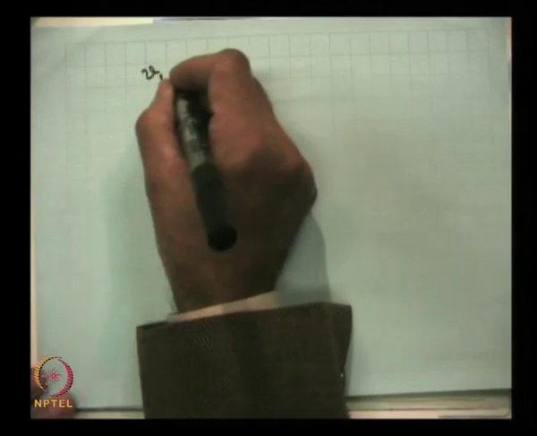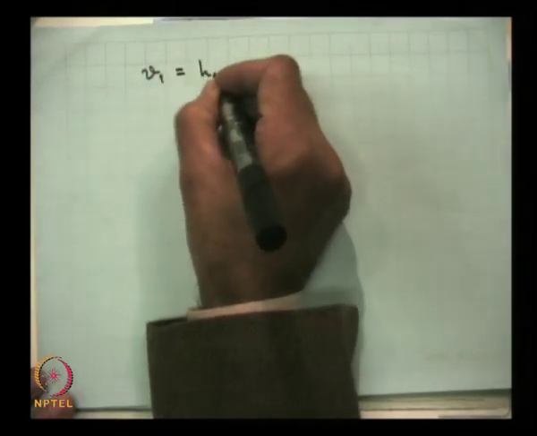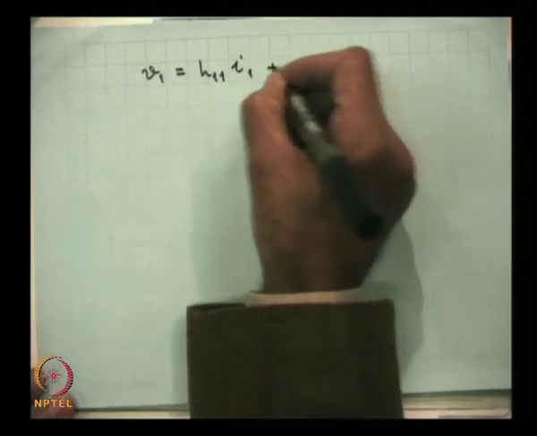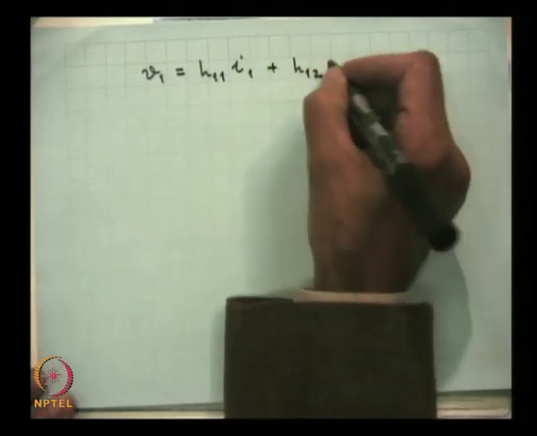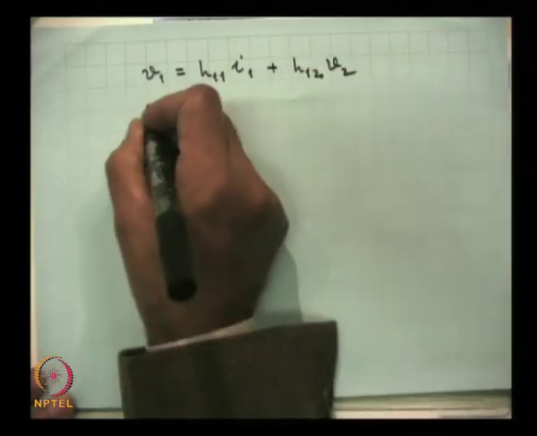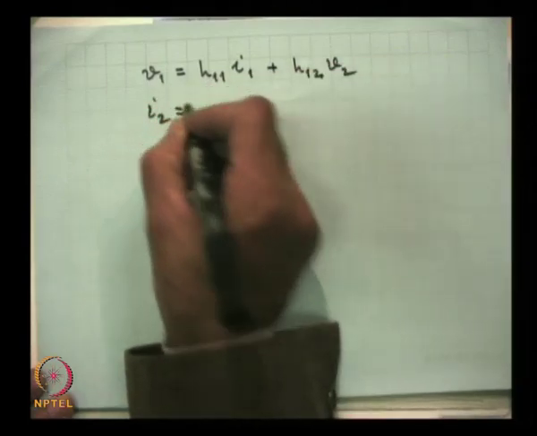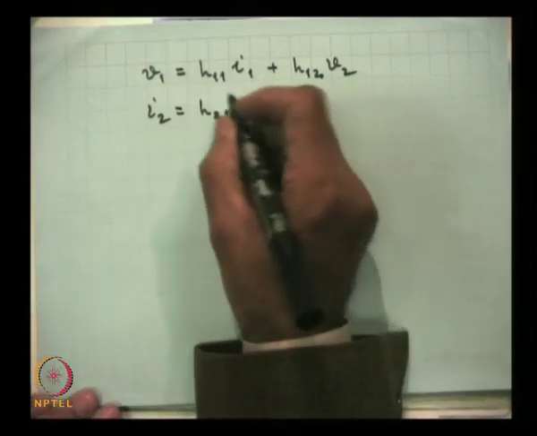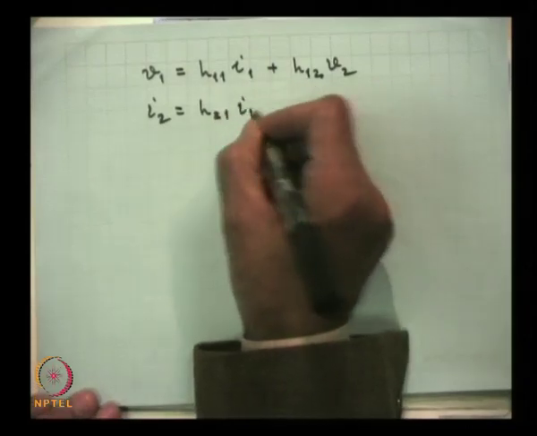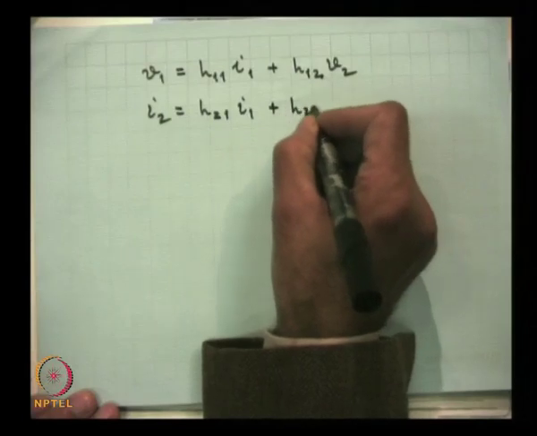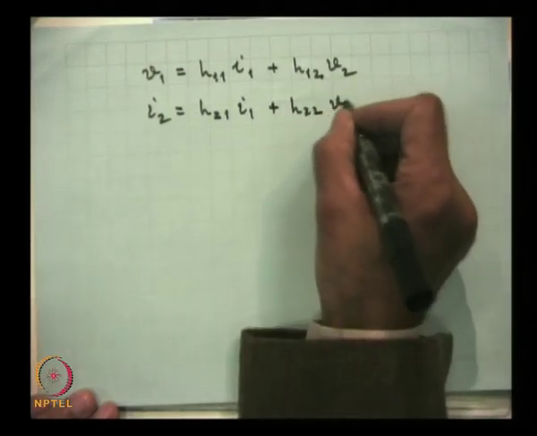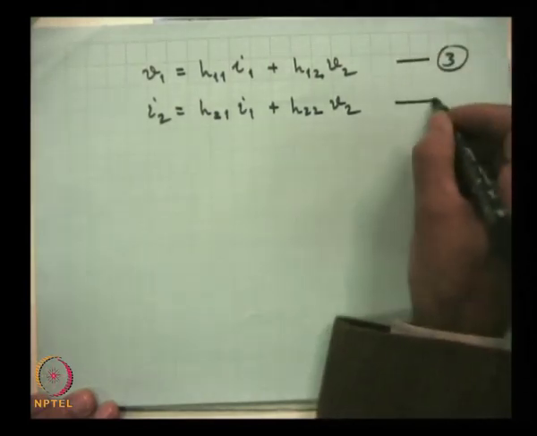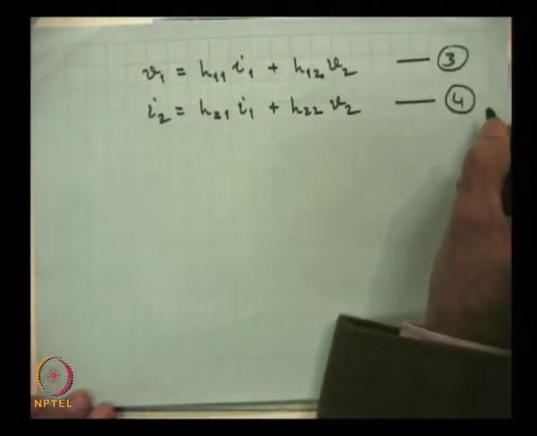V 1 equal to H11 I 1 plus H12 V 2 and I 2 is equal to H21 I 1 plus H22 V 2. This we call equation 3 and this we call equation 4.